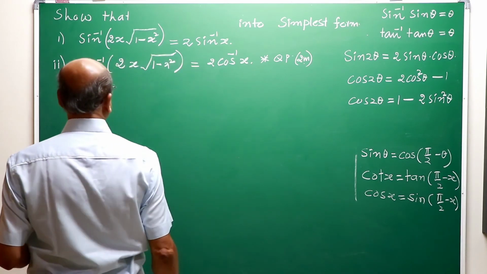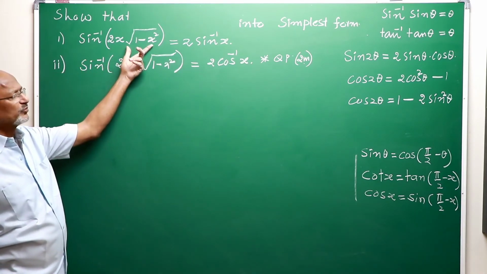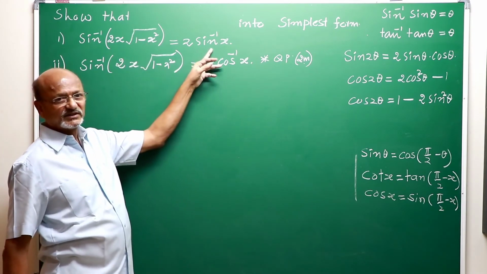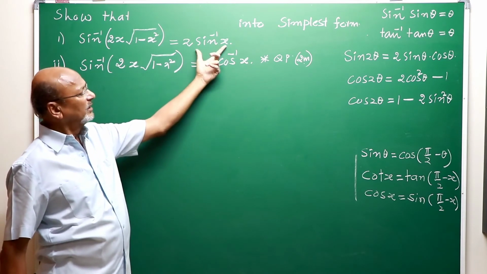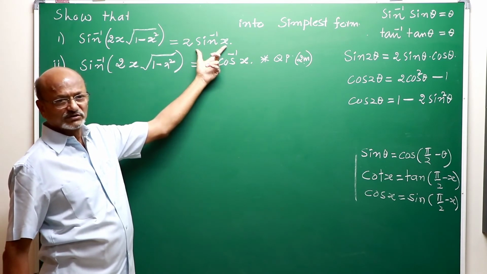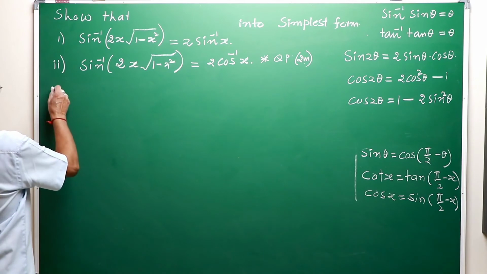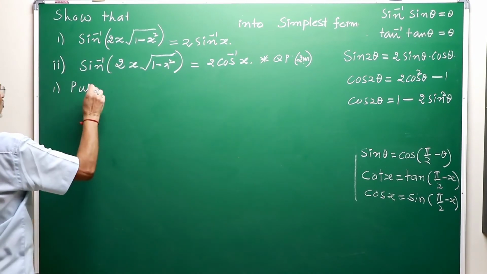Yes, my friend. Again, the same thing. What is it? Root 1 minus x square. Look at the RHS. What is the RHS? Sine inverse x. Then this itself tells what? Put x equal to sine theta, otherwise sine inverse x equal to theta. In this case, put x equal to sine theta.